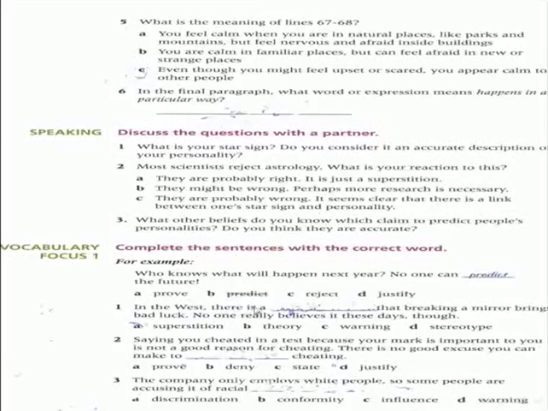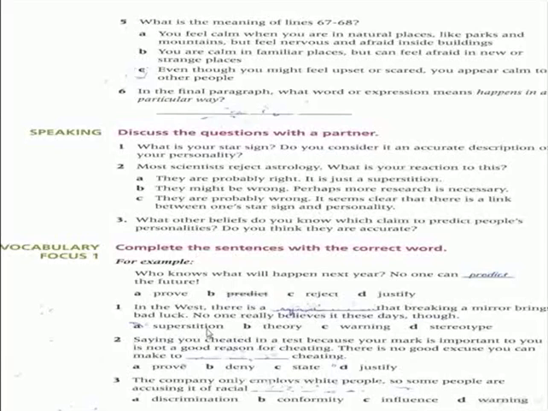Number 1. In the West, there is a what? We choose this one: superstition. So in the West, there is a superstition that breaking a mirror brings bad luck. Superstition means like a thought, right?